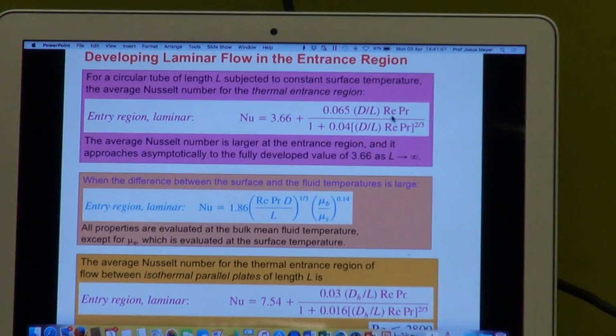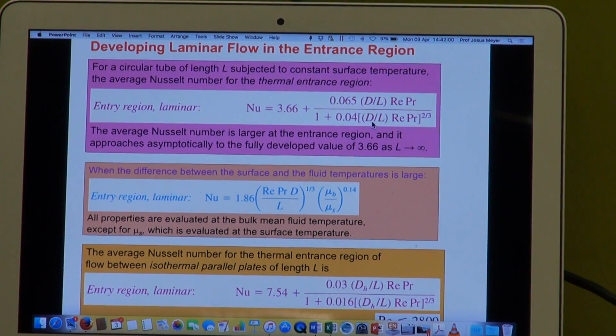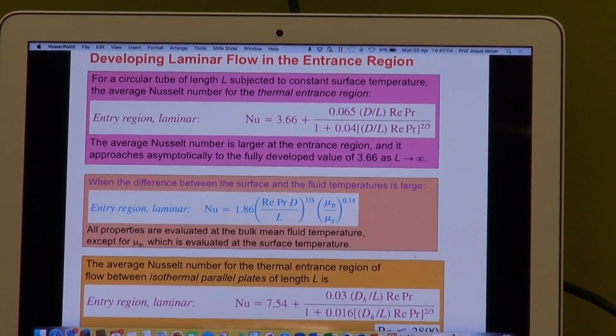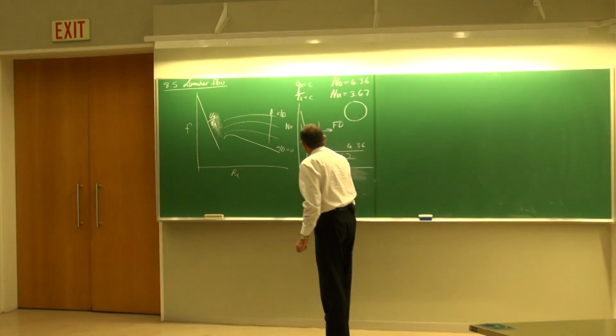So if you look at this equation, you will see that the longer the length becomes, the smaller this term will be. So if the length is very long, this term will be approximately equal to 0, which means that the Nusselt number is 3.66. Take note, and that is very important, this equation is not a specific value at a specific point there.